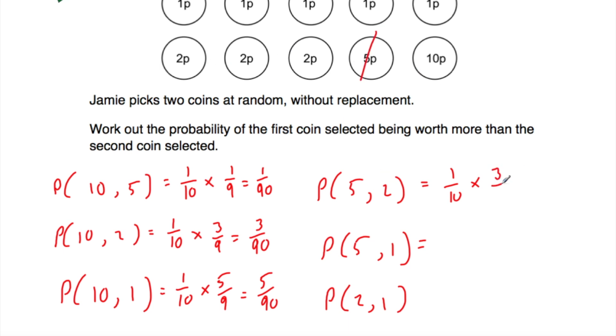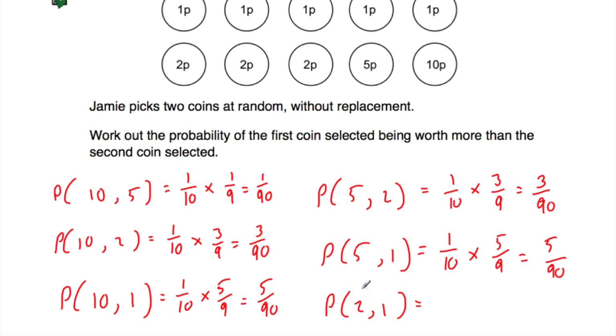And 1/10 times 3/9 would be 3/90, or 1/30. Next, the probability for 5p and then a 1p. Again, the 5p would be 1/10 because there's 10 coins and one 5p. Once that 5p is taken out, the probability of the next coin being a 1p would be 5/9. And then 1 times 5 is equal to 5, and 10 times 9 is equal to 90, so that's 5/90. And that's the options with the 5p being the first coin.